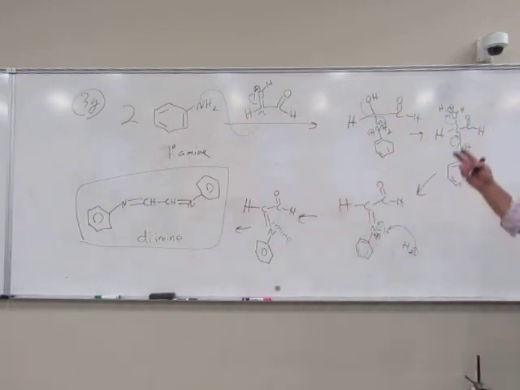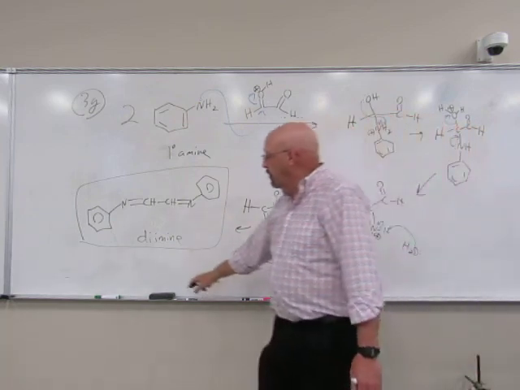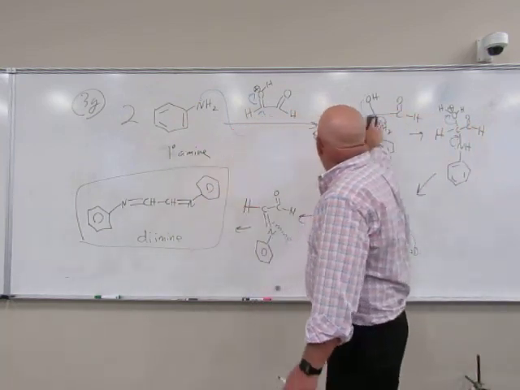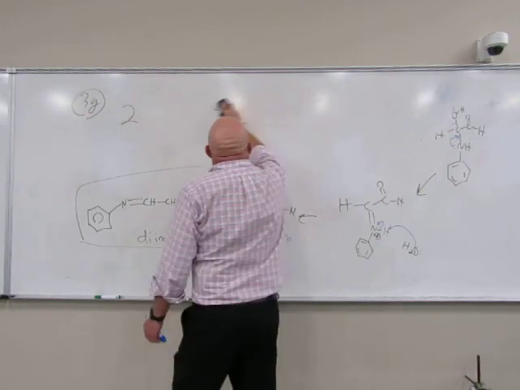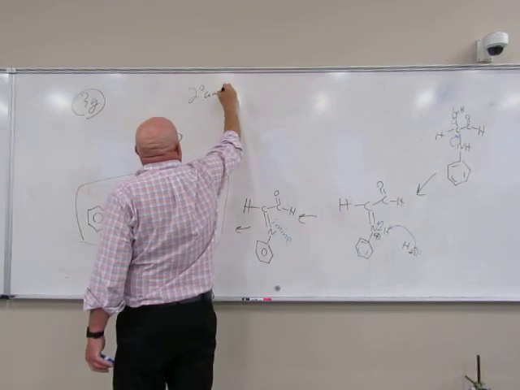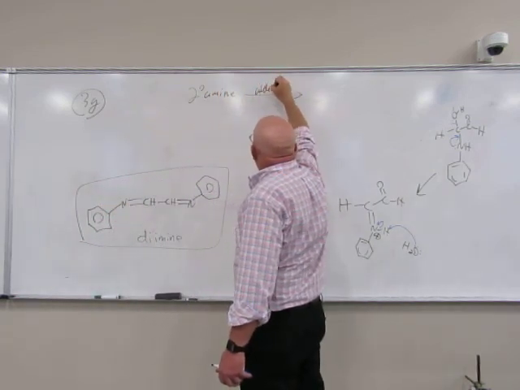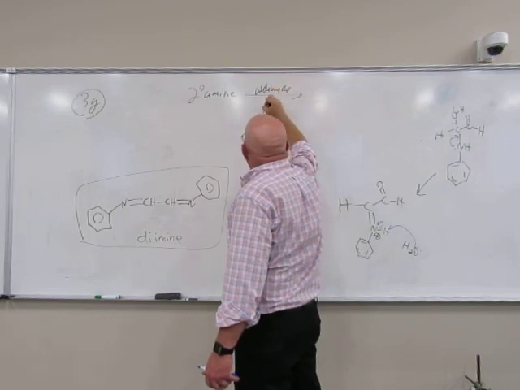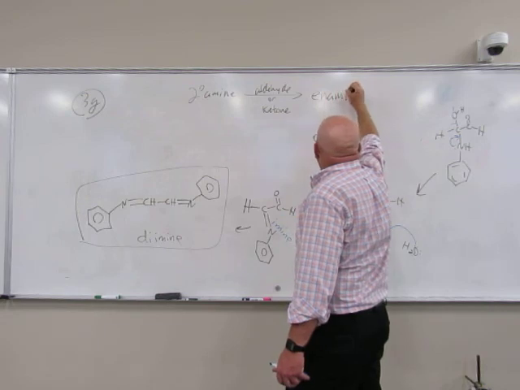Now, we make the imine with primary amines and an aldehyde or a ketone. You make the enamine if you use a secondary amine. So if I have a secondary amine here, secondary amines with an aldehyde or ketone make the enamine.